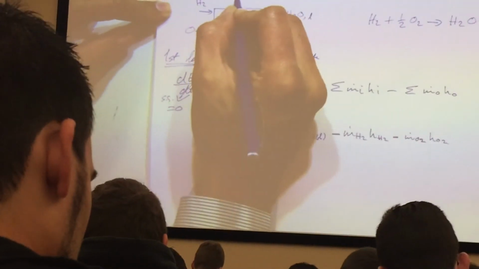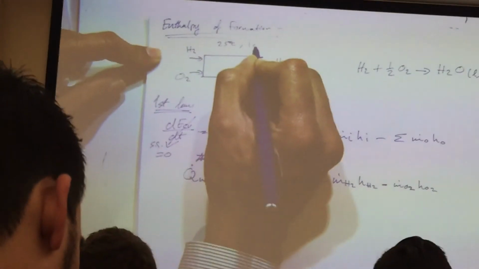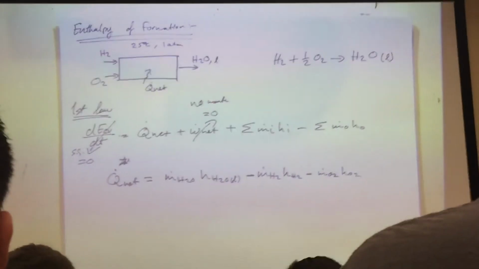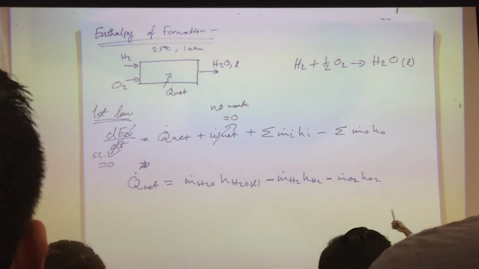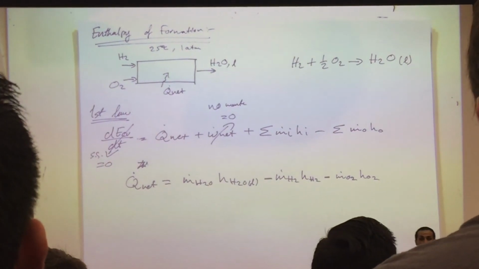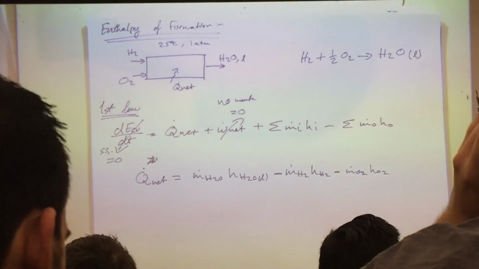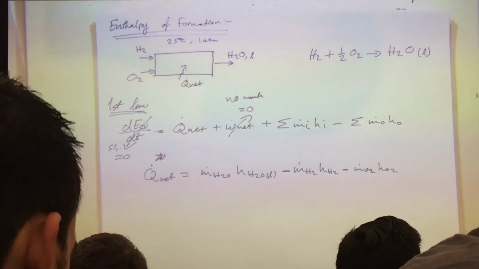Now, assuming that everything is happening here at 25 degrees Celsius and 1 atmosphere, that somehow I'm maintaining that value, what happens to my absolute enthalpies for these species? What is the enthalpy of oxygen at 25 degrees Celsius and 1 atmosphere? 0.